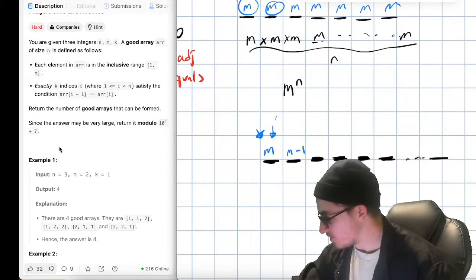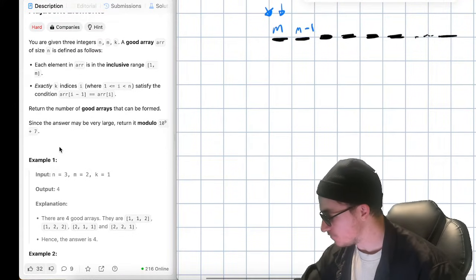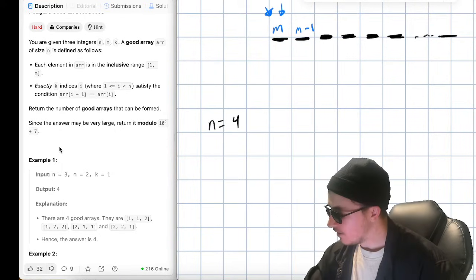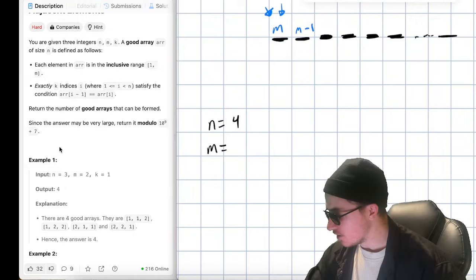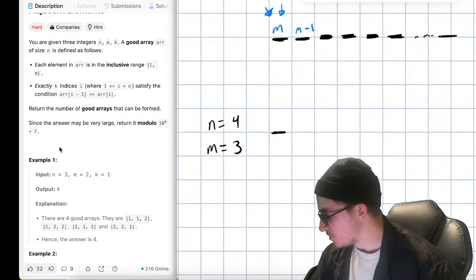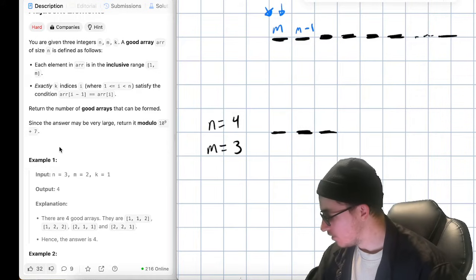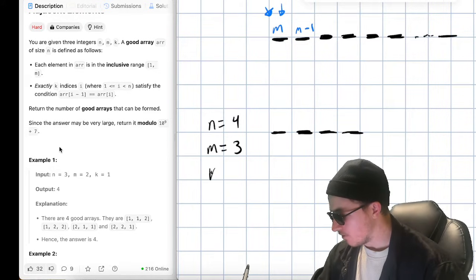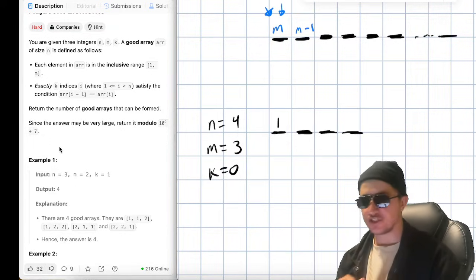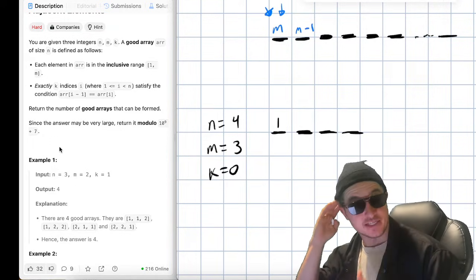So, for a simple example, say we had n equals 4 and m equals 3, okay? So if I was to put in k equals 0, if I was to put 1 in this first slot, I'm just drawing up one example of something that's valid.